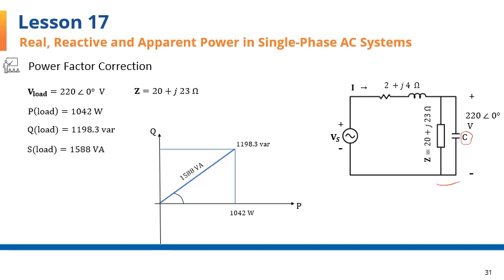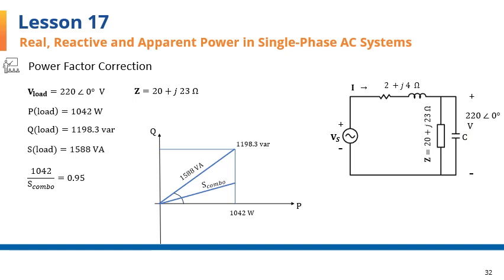The things that will change are the total reactive power consumption, and along with it, the apparent power will also change. First, let's find the apparent power for the combination of load and capacitor. We know that real power divided by apparent power gives the power factor.